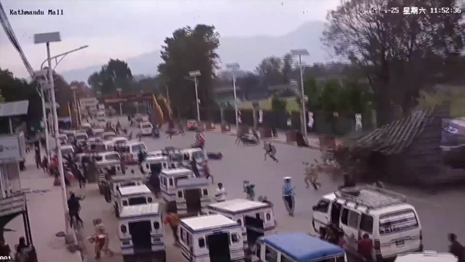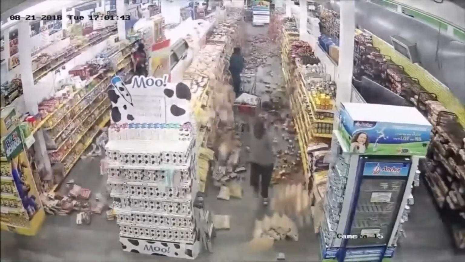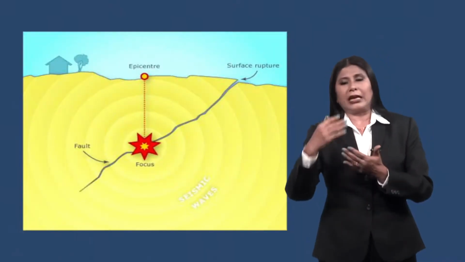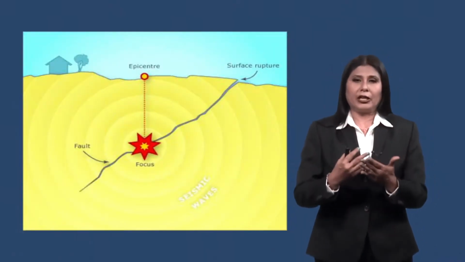Earthquake happens from a point where the threshold is crossed and the earth just starts snapping. The point of origin is somewhere below the crust, maybe 10 kilometers, 20 kilometers, 30 kilometers.